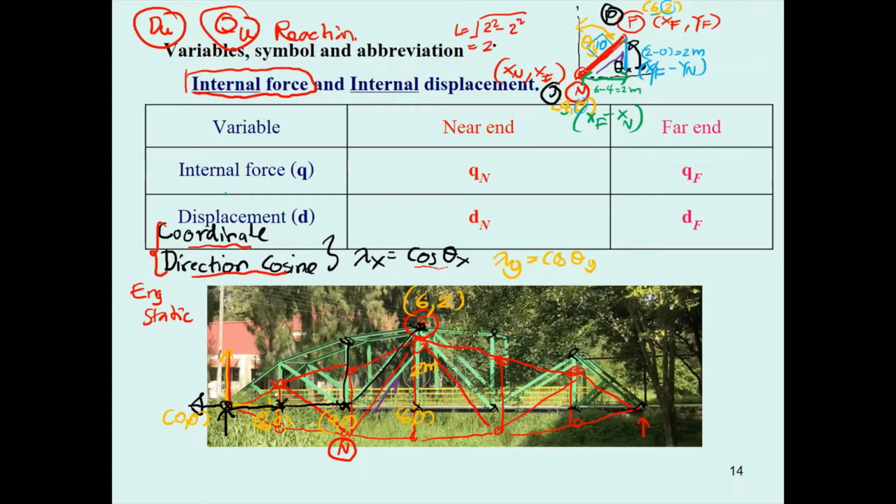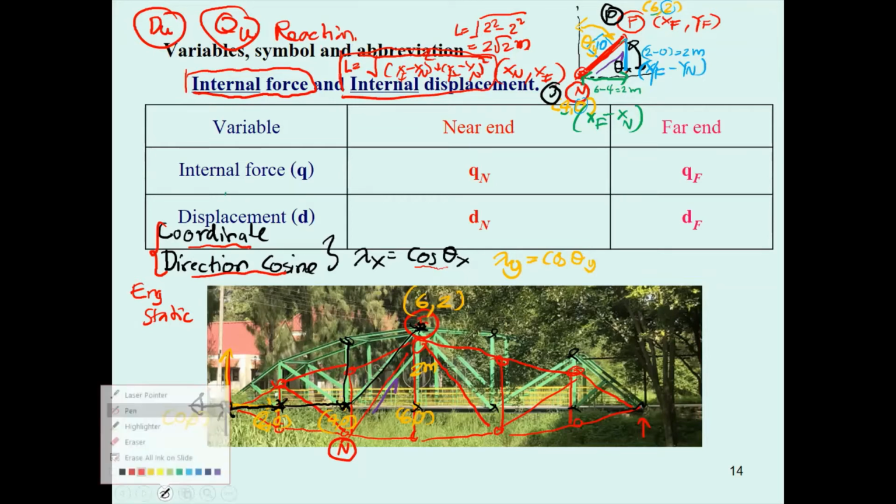This is going to be 2 square root 2 meters. So L can be determined from the square root of x sub f minus x sub n, squared, plus y sub f minus y sub n, squared. Okay, you just put this into the computer. When the computer knows the coordinates of your nodes, it's going to compute the length for you.